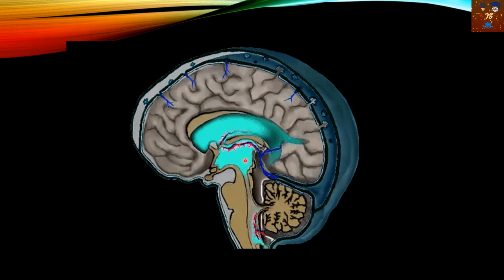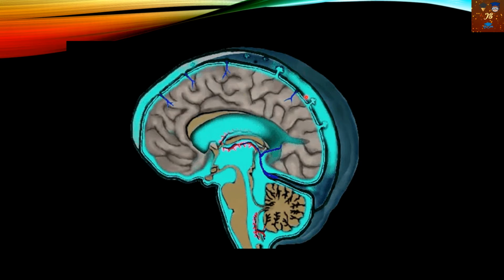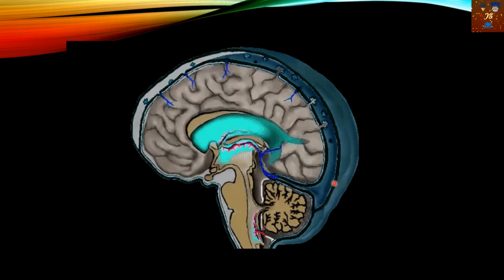This green, this way CSF is flowing through the various parts of the brain. Just now I discussed this in the previous slide.